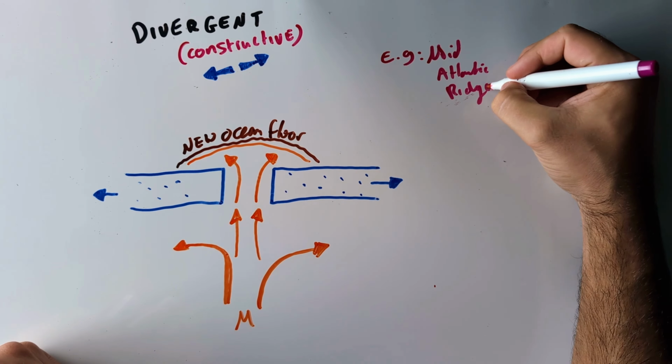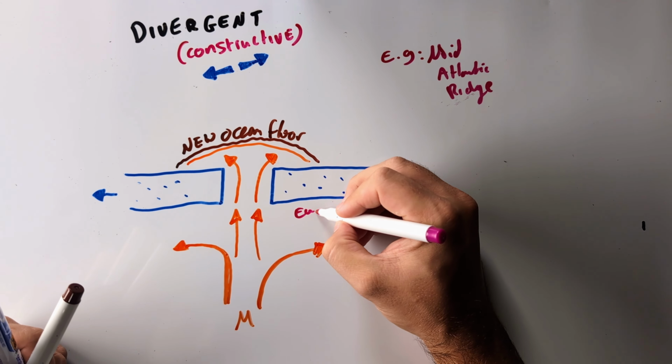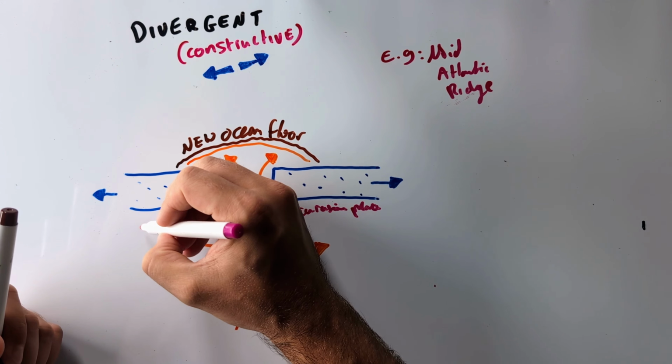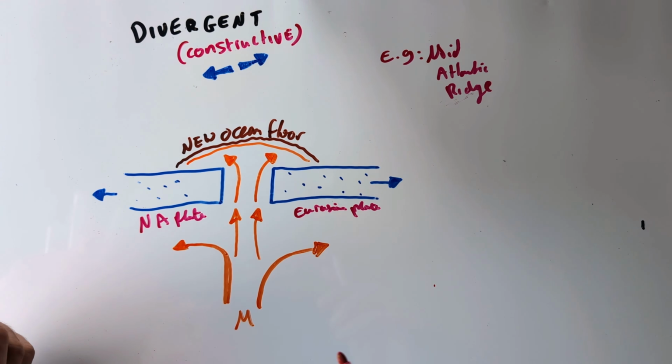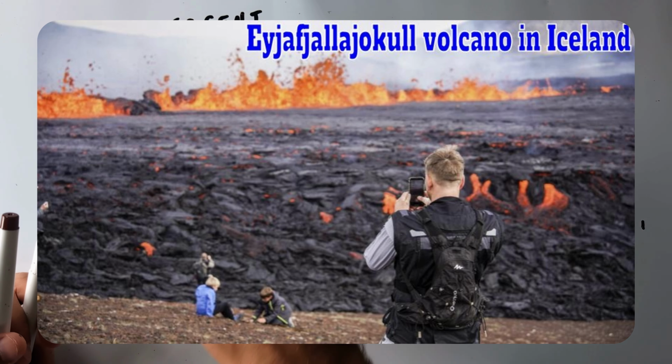Okay, it runs all the way between the two plates, which are the Eurasian plate and the North American plate. Yep, and if you look at this example that I'm going to put up on the screen as an image, this is really how Iceland formed.